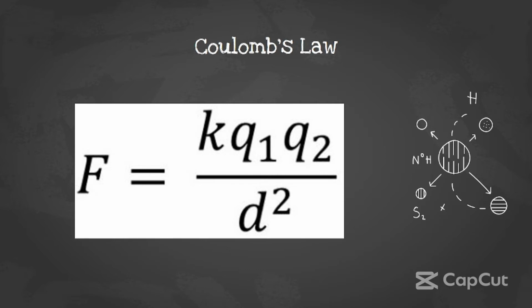Coulomb's law allows us to predict ionization energy and electron affinity by using the effective nuclear charge and the principal quantum number. This law shows that as the atomic radius becomes bigger, the less attractive forces there are in the atom. As you can see, the charge is divided by the distance, which means as the distance becomes bigger, the smaller the force is.